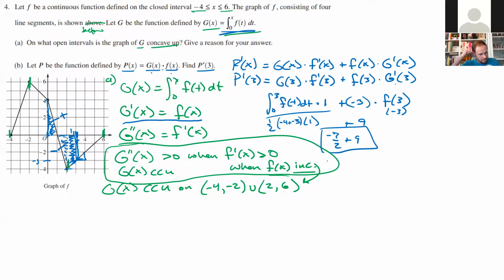There's our answer, I think. That seems reasonable. Yeah, -3.5 plus 9. So you could also say that is 5.5 if you wanted to, I guess. That also works.